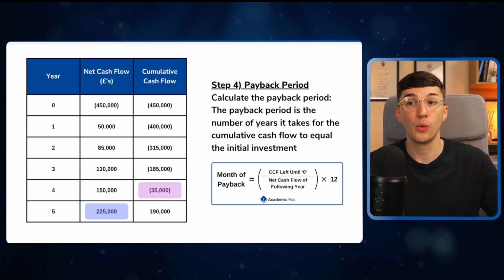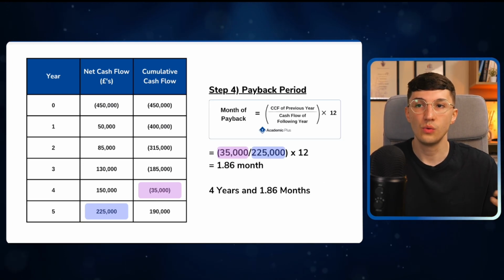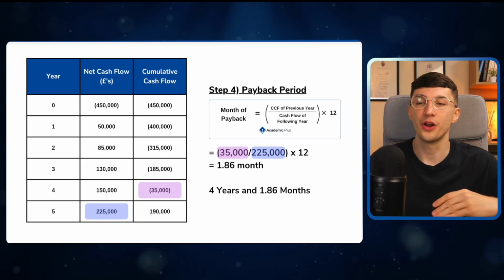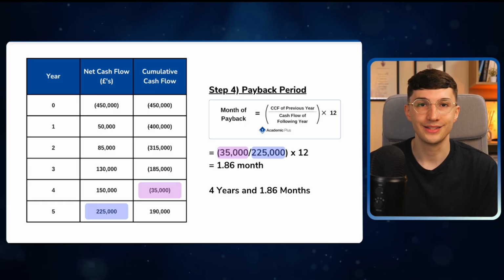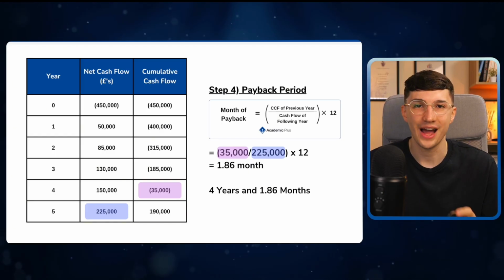And the net cash flow of the following year is £225,000. So I divide those two numbers together. £35,000 divided by £225,000 times by 12 gives me 1.86 months. So my payback period is 4 years and 1.86 months.